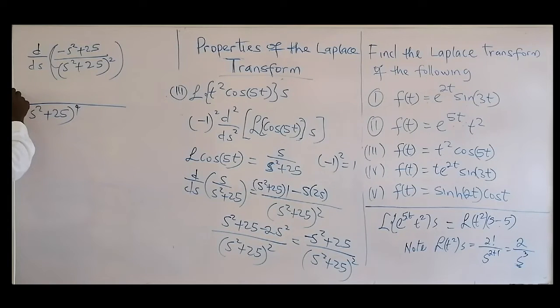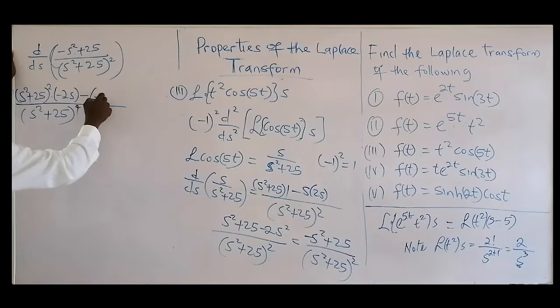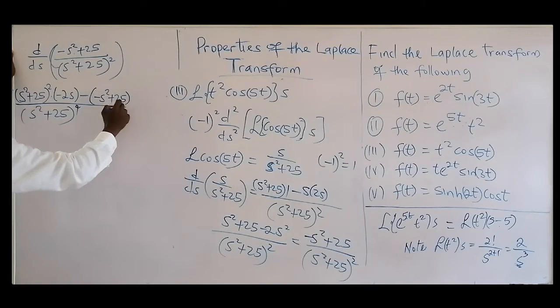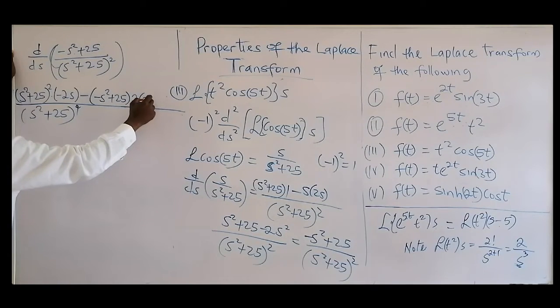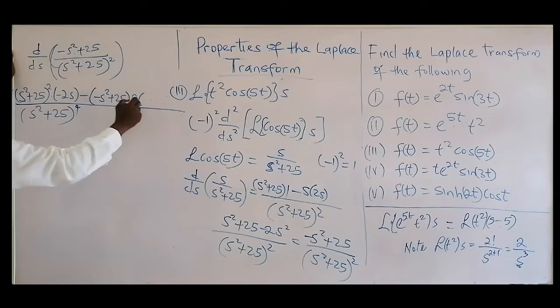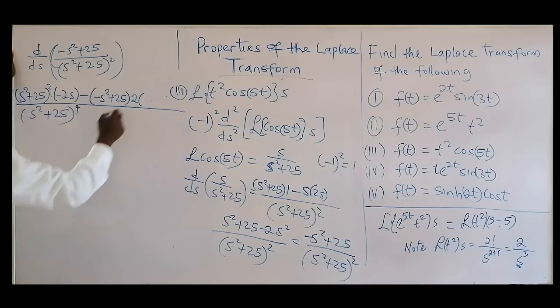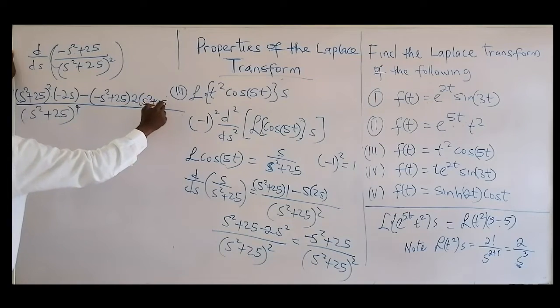So your denominator v squared times the derivative of the numerator, that's minus 2s, then minus the numerator times the derivative of the denominator, which will be 2 times (s squared plus 25) times 2s, the 2 goes to the front.